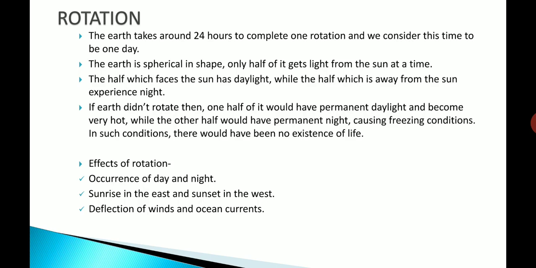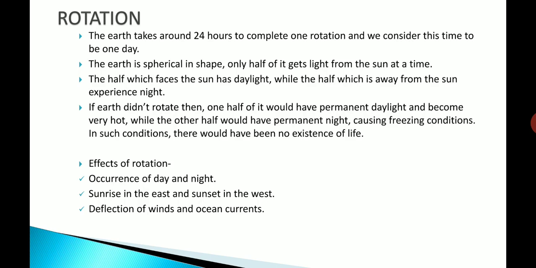Let's discuss and understand what rotation is all about. The Earth on which we live takes around 24 hours to complete one rotation, and we consider these 24 hours to be a day.